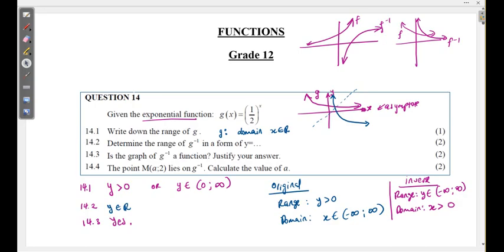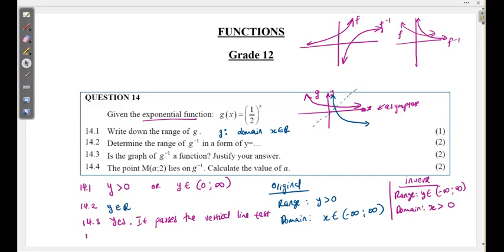This is because it passes the vertical line test. Or you could say for each value of x, there is only one corresponding value of y.